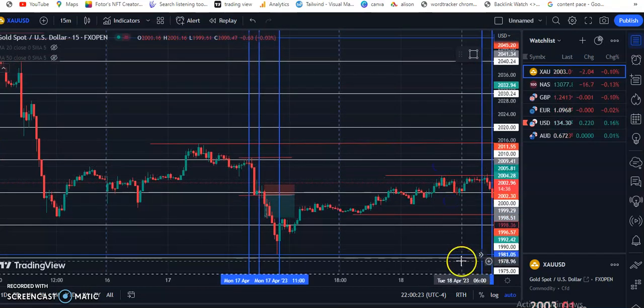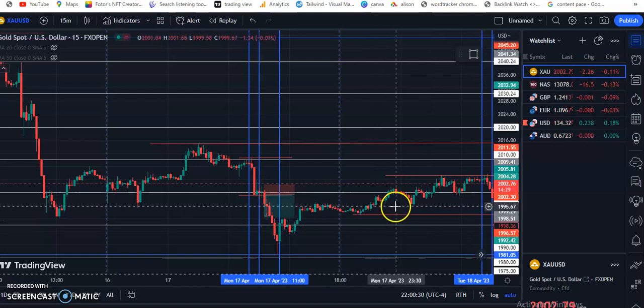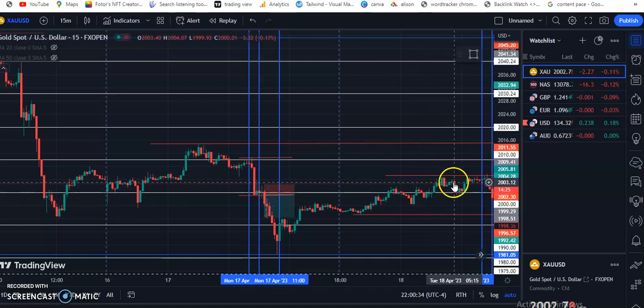So, this is the setup before the second hour. It is just creating higher highs, higher lows, higher highs, higher lows, higher highs, higher lows. So, the first hour when it broke down, there was no retest. There was no sign of a retest.